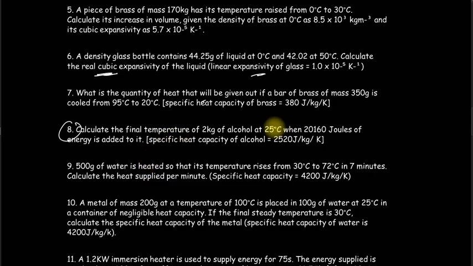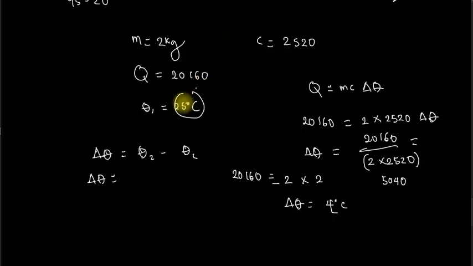So we expect that the final temperature is higher than 25 degrees Celsius. That's why we have theta 2 here and minus 25. But if it were lower, we'll put theta 2 as 25 and theta 1 as the lower temperature. So you get the concept.